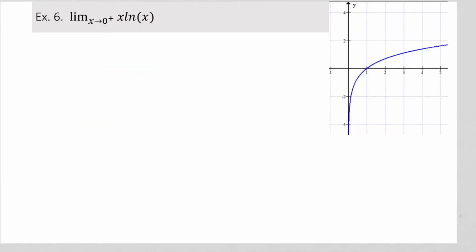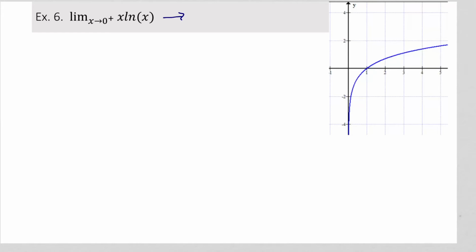All right, so now taking a look at this example, I've got the limit as x approaches 0 from the plus side, from the right, of x times the natural log of x. So if I try to substitute 0 into that, we want to see whether we can get an indeterminate form.